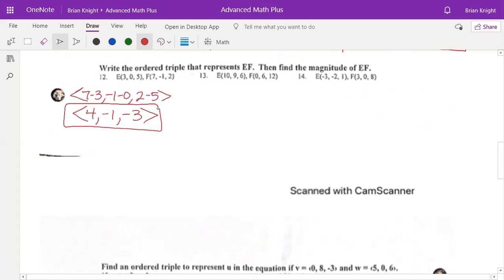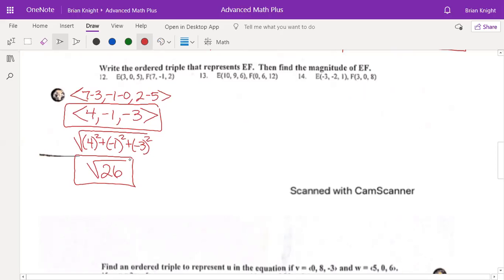Okay, you find the magnitude the same exact way. You take the square root of 4 squared plus -1 squared plus -3 squared. That equals the square root of 26, which cannot be reduced.